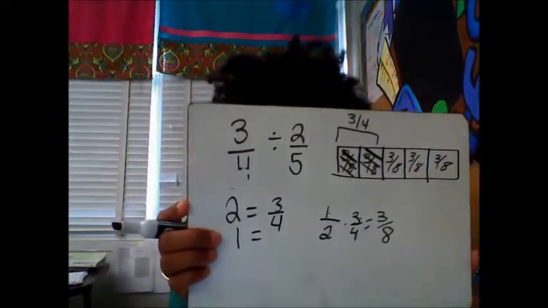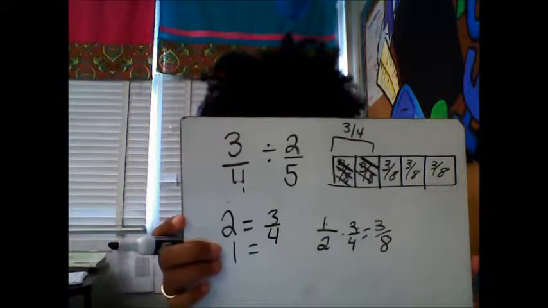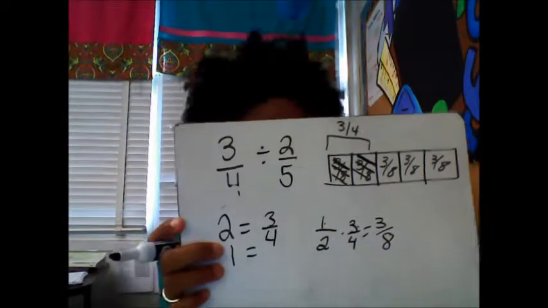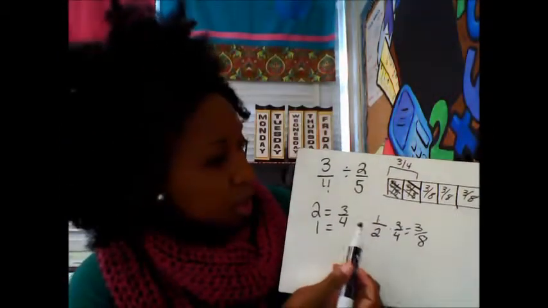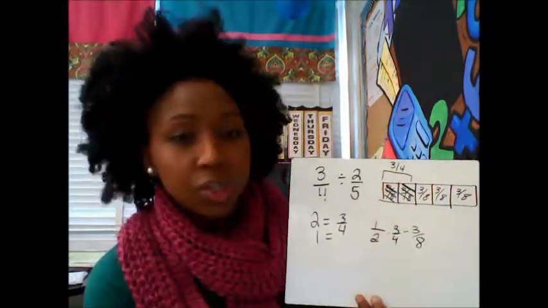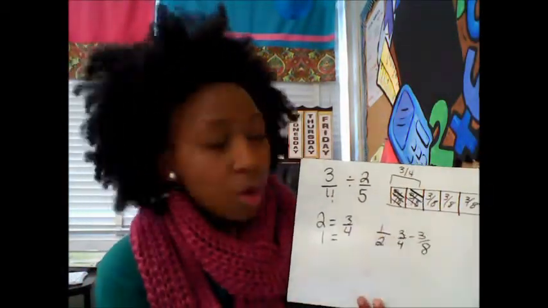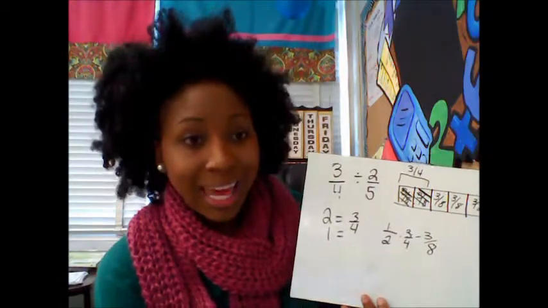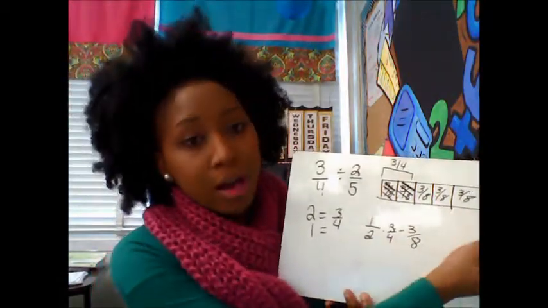Observe that for a minute. So now I know that each section is 3/8. So 2 sections represent 6/8. Good job. What about 5 sections?